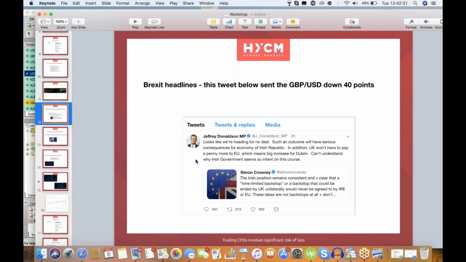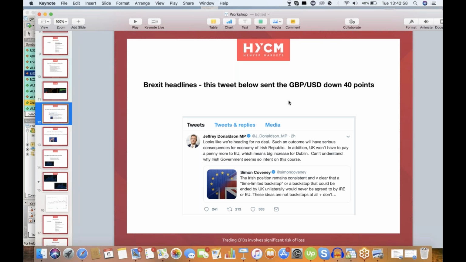So first of all, this headline from one of the members of the DUP, the Northern Irish party, basically putting the hard line, saying we have to have no border in Northern Ireland. It's absolutely we can't make any compromises. So that was seen as a no-deal Brexit suddenly becoming more likely.